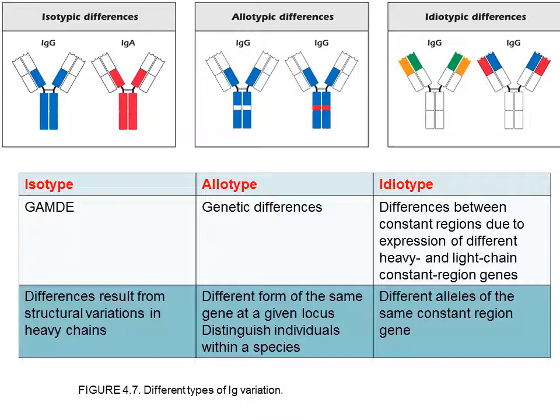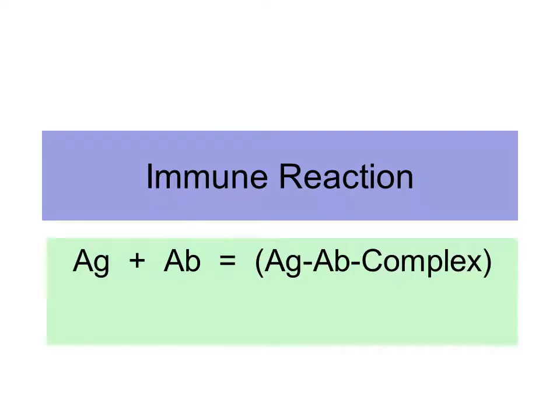So we will, so to speak, humanize horse antibodies. That kind of thing is coming from idiotypic differences that we normally see in commercial preparation of antibody. Now remember, so far we've talked about antigen, we talked about antibody.